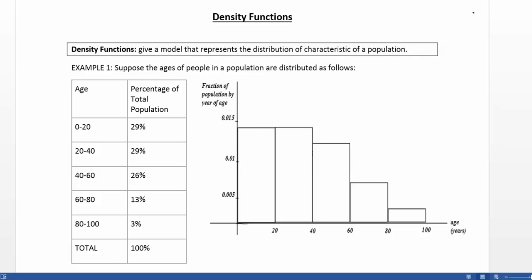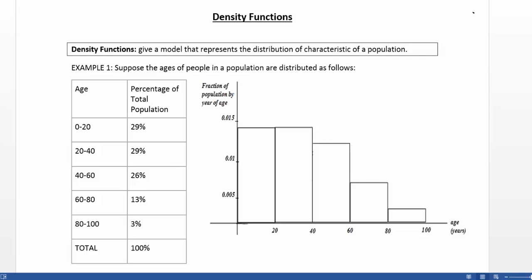When we look at our graph, we see this represented in a different way. On the bottom, on the independent axis, we have years that span in 20-year increments: 0, 20, 40, 60, 80, 100. But on the dependent axis, we have the fraction of the population by years of age.